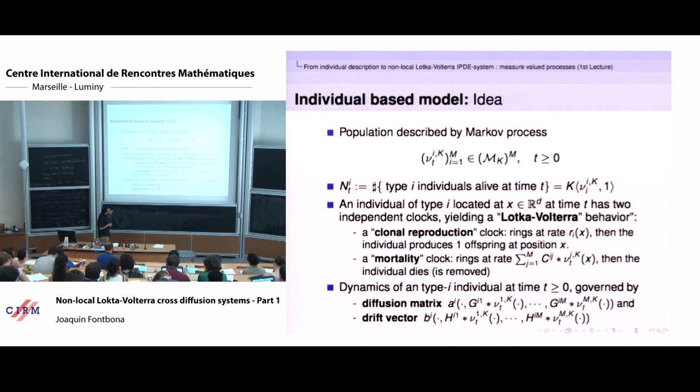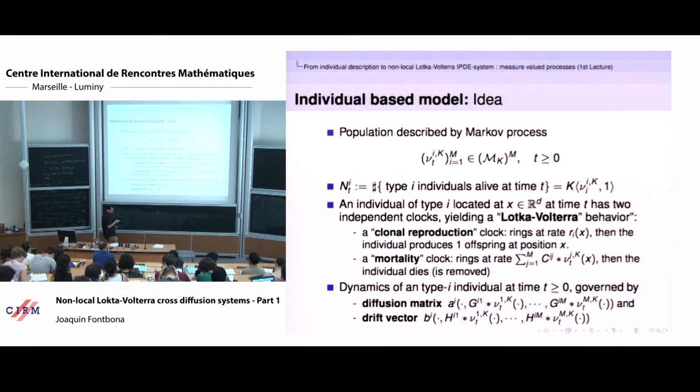But let us look at that from the perspective of one individual of type I. So this is a function. If I compute all of this, what am I doing? I'm taking the diffusion matrix. Here I can put a position, which will be the position of the individual I'm looking at. Here, these are positive numbers, which are telling me the density of each of the populations near, let's say, the neighborhood of the individual which I'm looking at, and a similar construction for the drift.